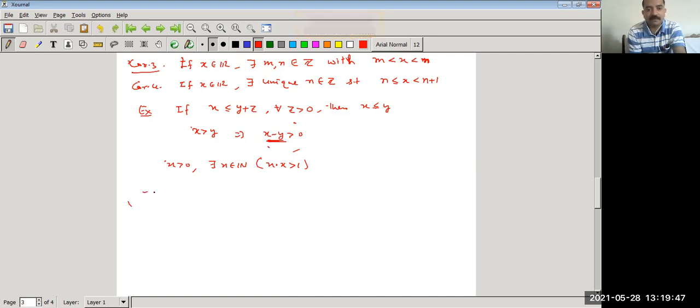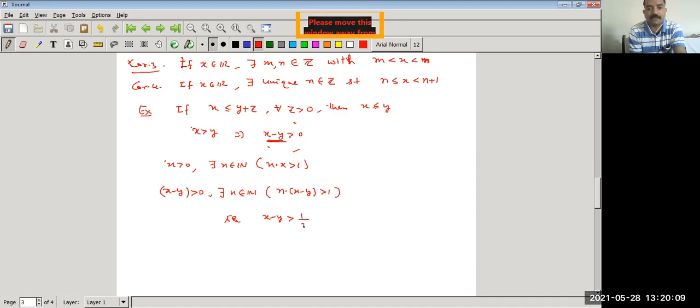It means now x minus y greater than 0 is any real number. There exists a natural number n such that n into x minus y must be greater than 1. That is, x minus y is greater than 1 upon n, because n is positive. So we can divide by n, and there is no change in the inequality.